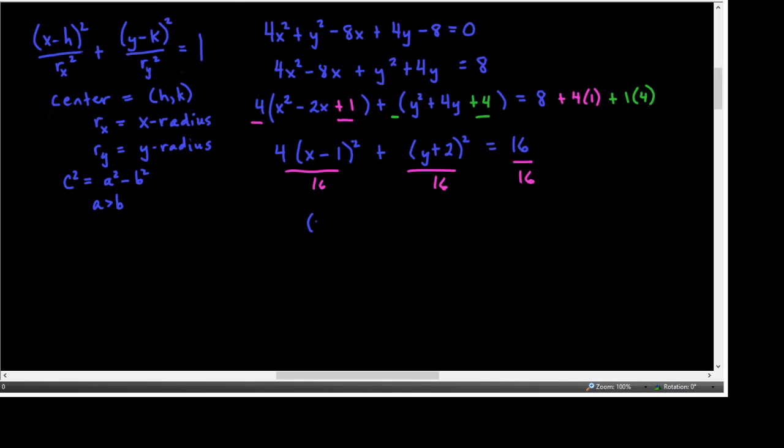Luckily for us, and this won't always happen by the way, 4 and 16 cancel nicely, leaving 4 in the denominator. There is no canceling required for the y fraction. It doesn't have a number in front of y plus 2 up there besides the understood 1, so I don't need to do anything there.